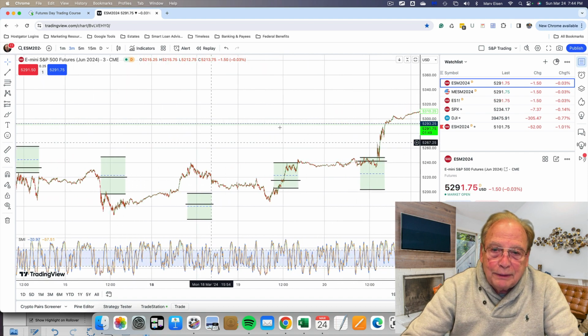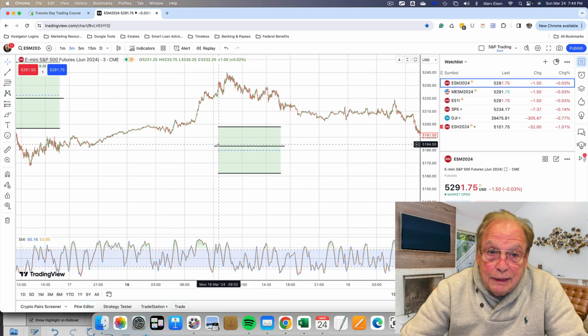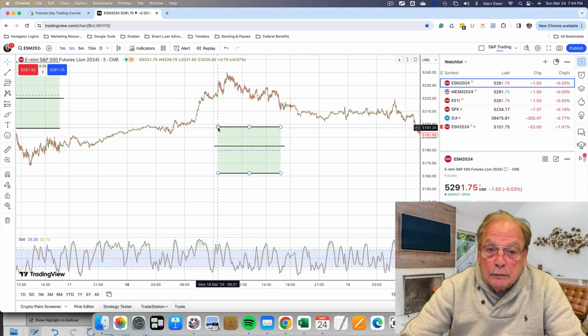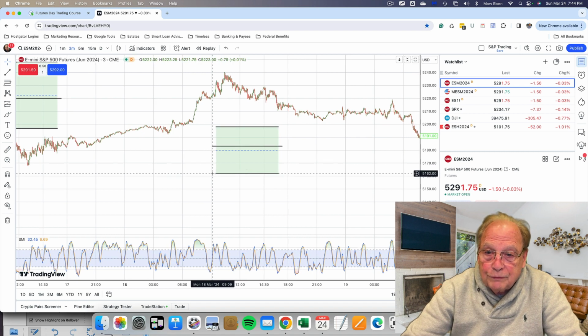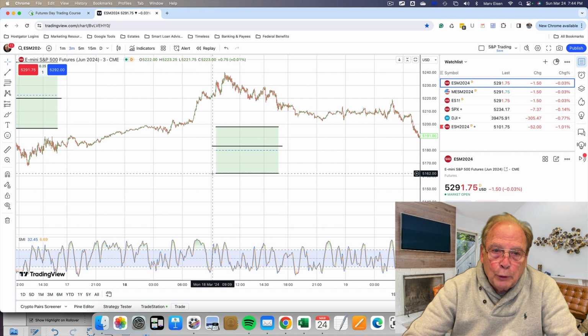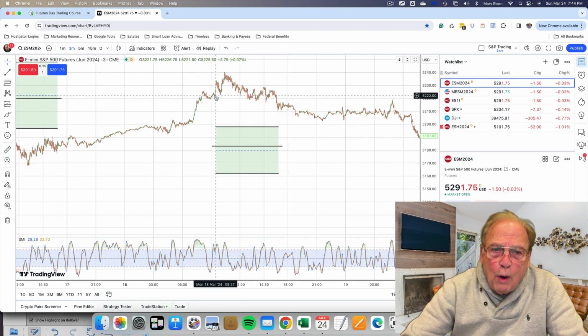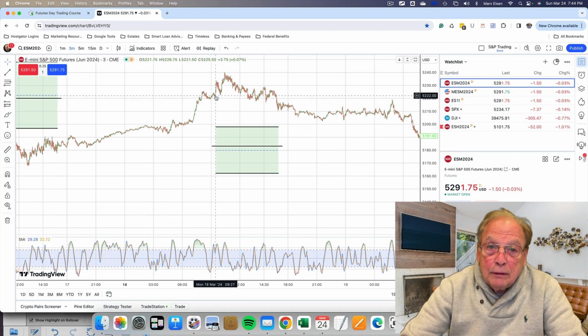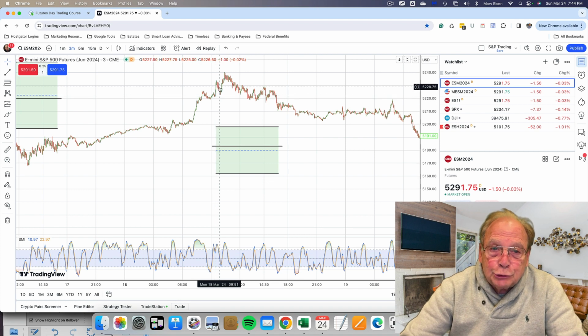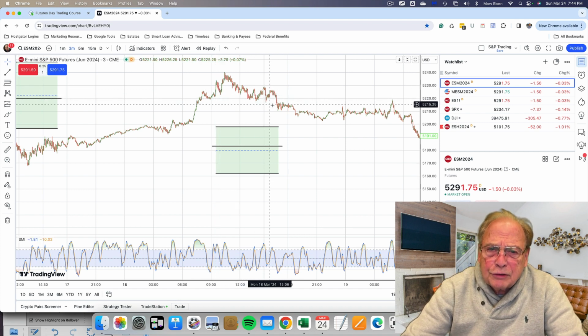So starting with Monday, March 18th. On Monday, March 18th, the Taylor resistance number was 51.97, support was 51.62. And the market started way up above the Taylor resistance number and traded well above it all day.